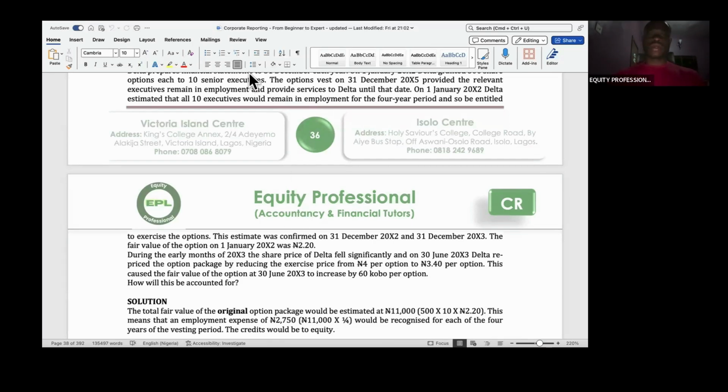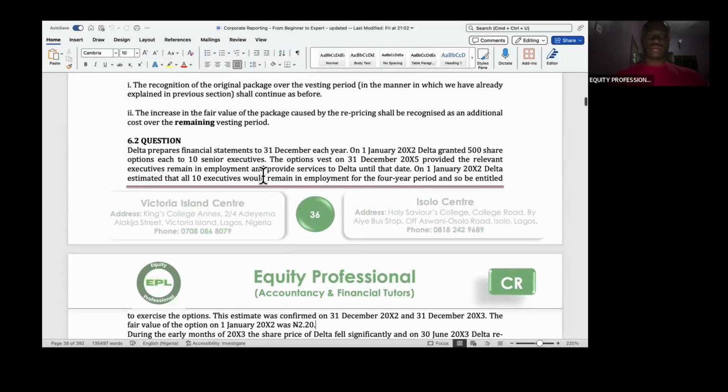Okay. Now, looking at this, the year end of this company is December. 1st of January 2002 is the grant date. There are 10 employees. We are giving each of them 500 options. So they will vest on December 2005. That means the vesting period is 2, 3, 4, 5.